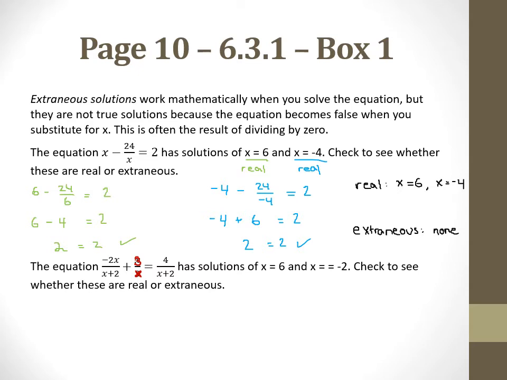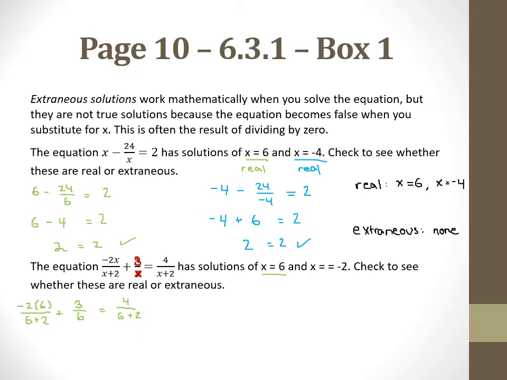So if I plug in x equals 6, then I'd have negative 2 times 6 over 6 plus 2, plus 3 over 6, and that is supposed to equal 4 over 6 plus 2.